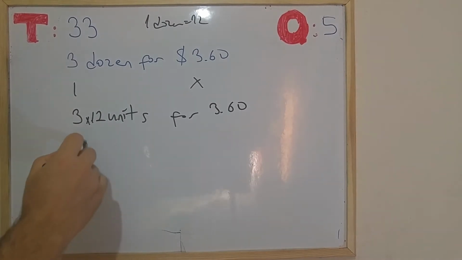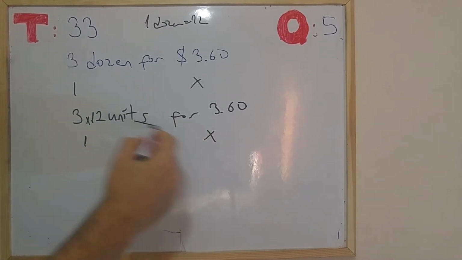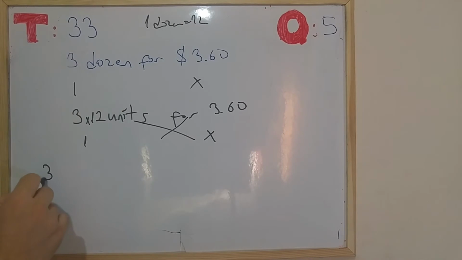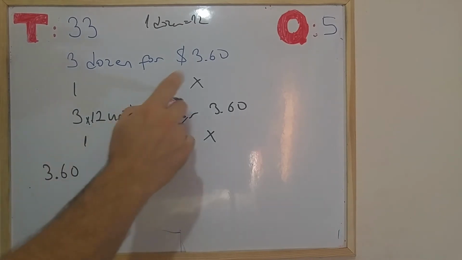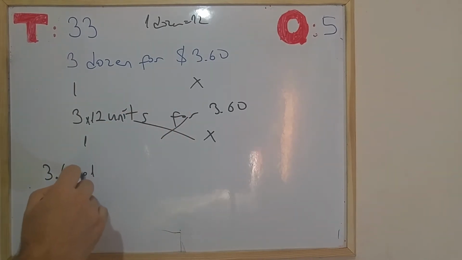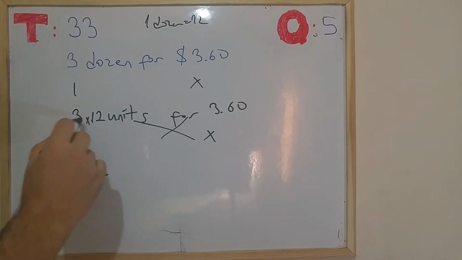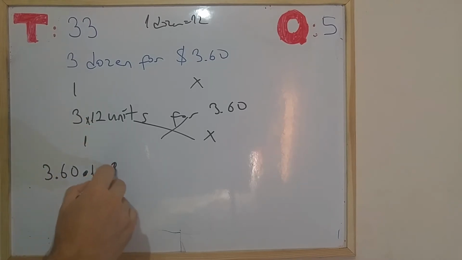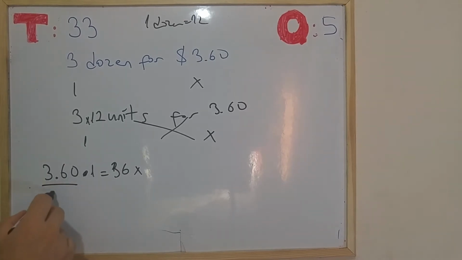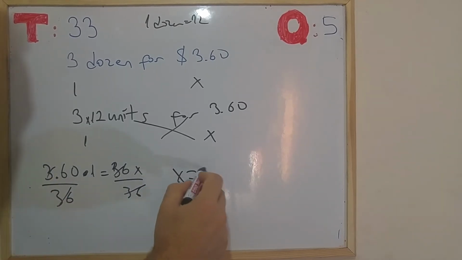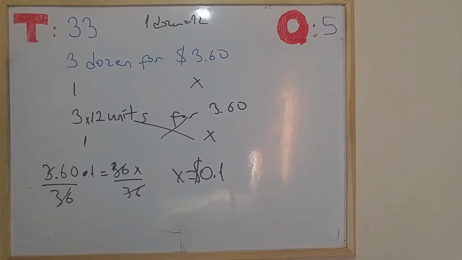So how much would 1 unit cost? Let's do it. $3.60 times 1 is equal to 3 times 12, which is 36, times X. So when I divide each side by 36, the answer comes out to be X is equal to $0.1, which means 10 cents.